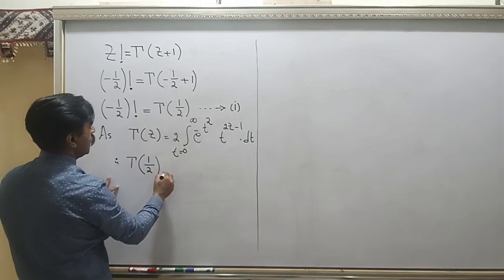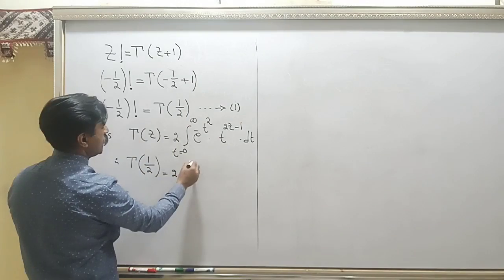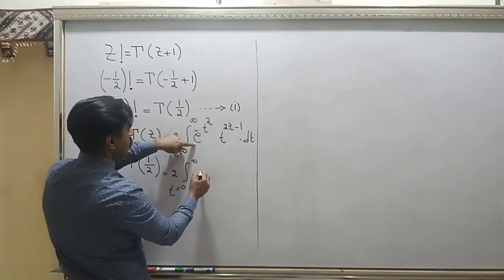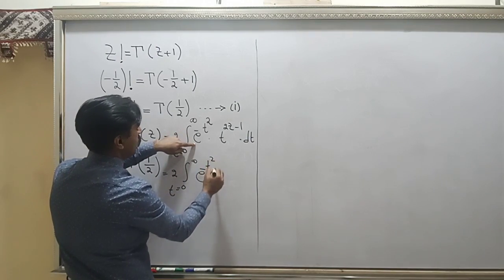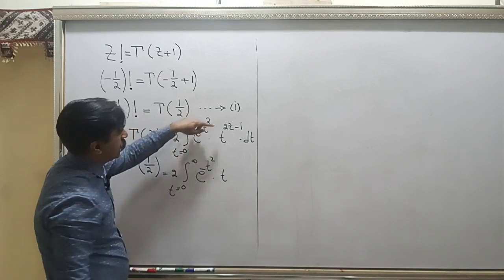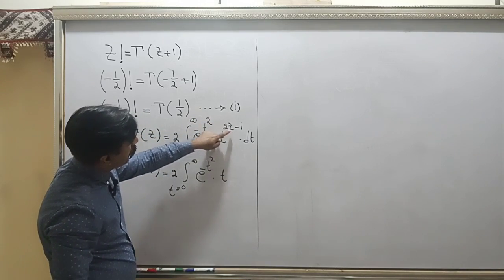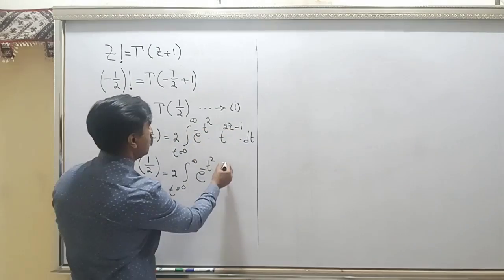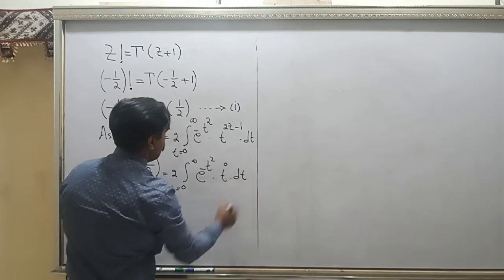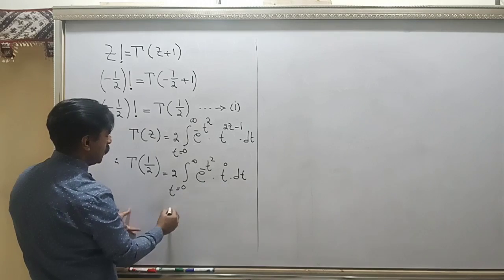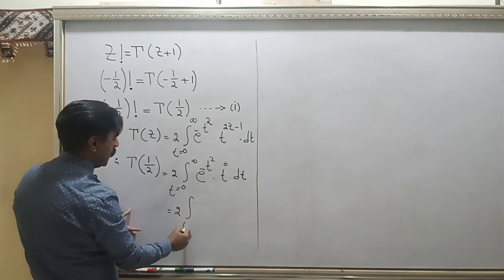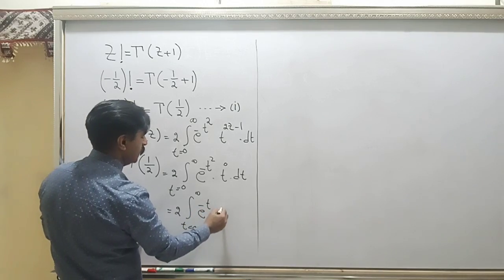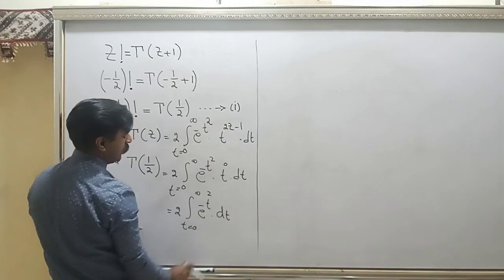So if you need gamma of 1 over 2, it will be twice the integration from 0 to infinity of e to the power minus t square dt. And what is the exponent of t? z is 1 by 2, multiplied by 2 will give you 1, and 1 minus 1 will give you 0. Now this is a very famous integral which everybody knows, the Gaussian integral, right? t to the power 0 is 1.